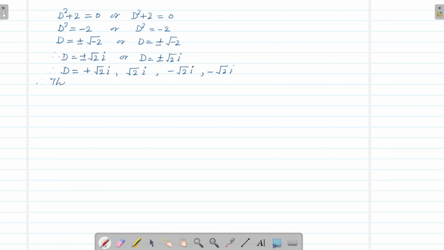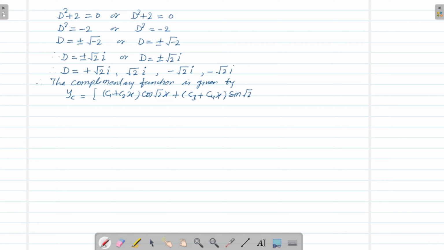The complementary function is given by yc equal to, for the positive root, c1 plus c2x into cos root 2x, and plus, since c1 and c2 are already used, we take c3 plus c4x into sine square root of 2x.